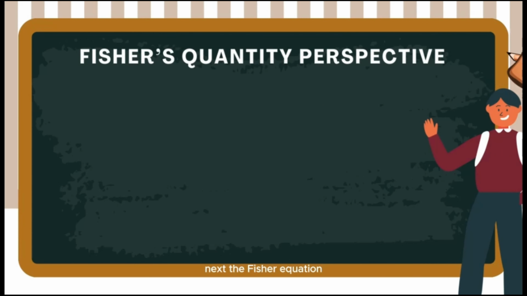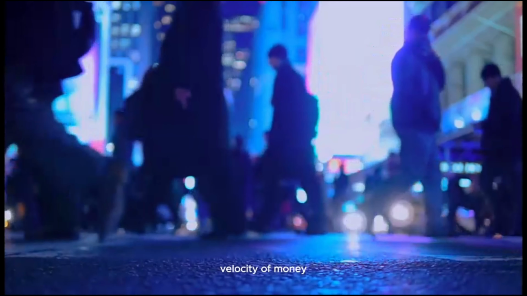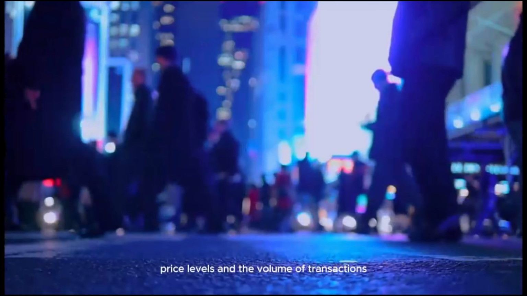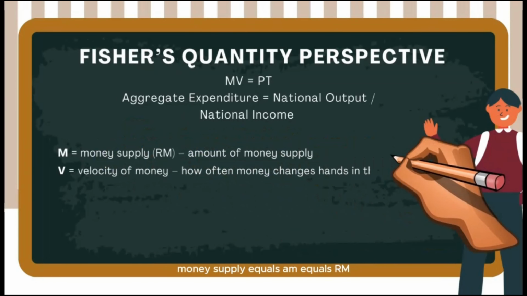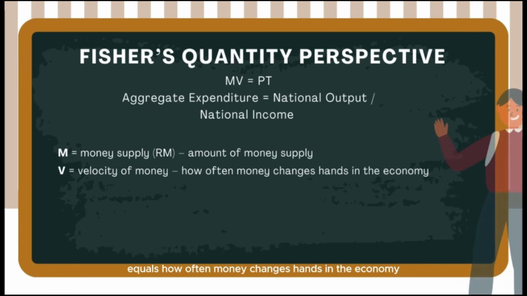Next, the Fisher equation, represented as MV equals PT, explains the relationship between money supply, velocity of money, price levels, and the volume of transactions. Money supply: M is the amount of money supply. Velocity of money: V is how often money changes hands in the economy.